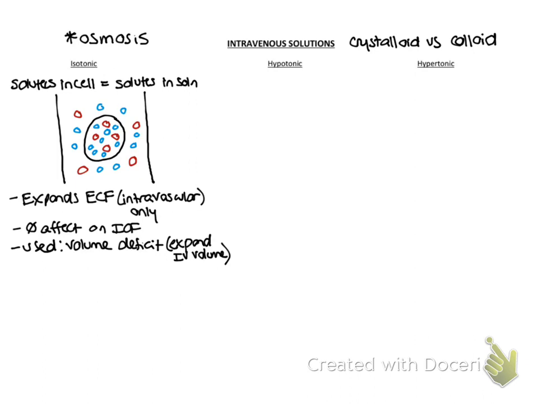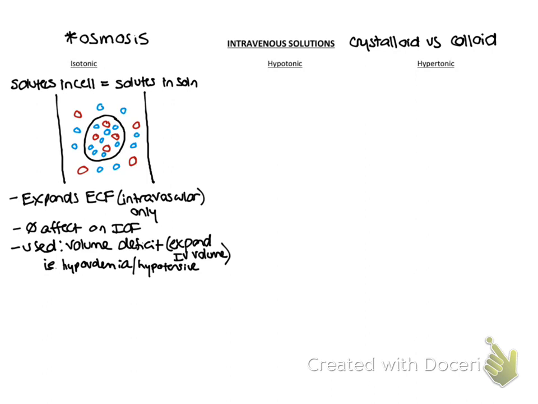This is used when we have some kind of volume deficit because we want to quickly expand the intravascular volume. So, if I'm really hypotensive or really hypovolemic because I have a big GI loss, like diarrhea, I'm just losing fluids, okay?